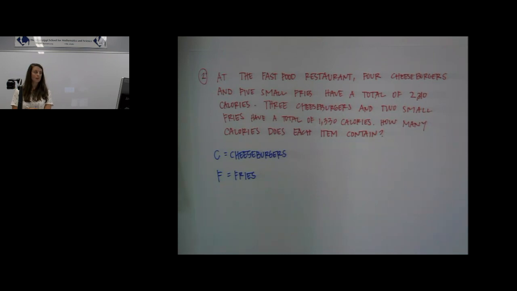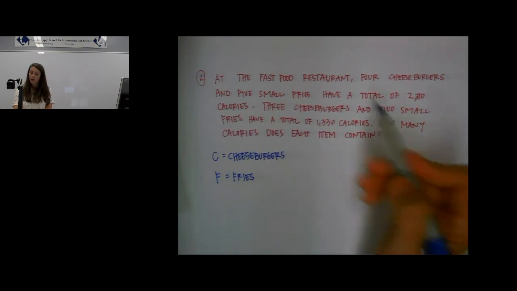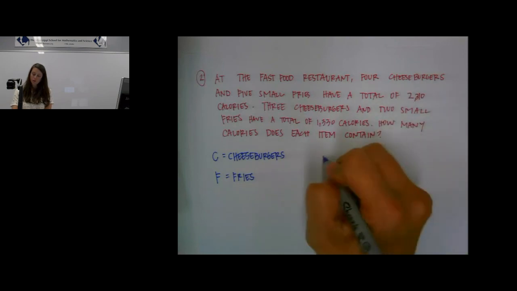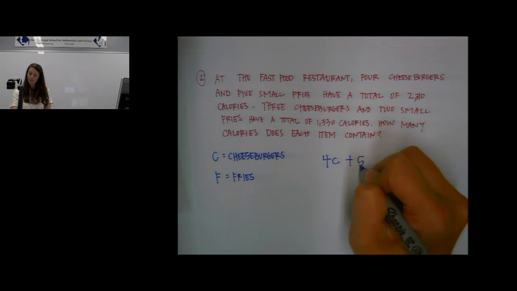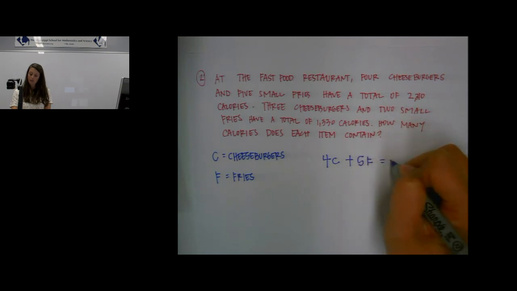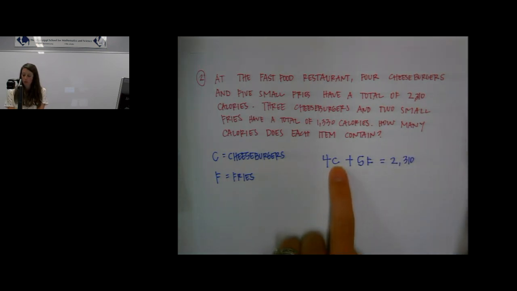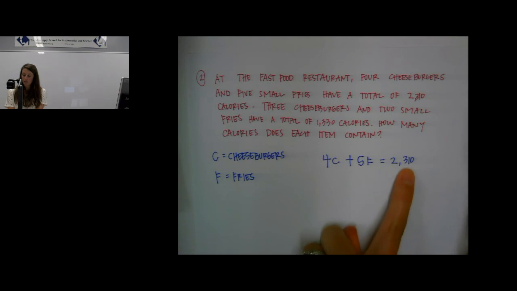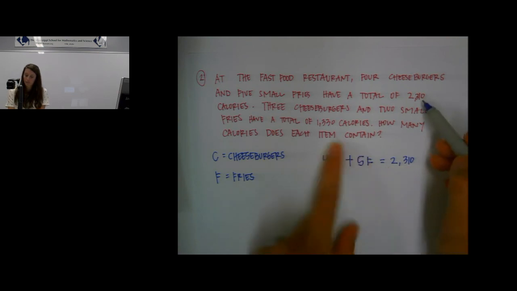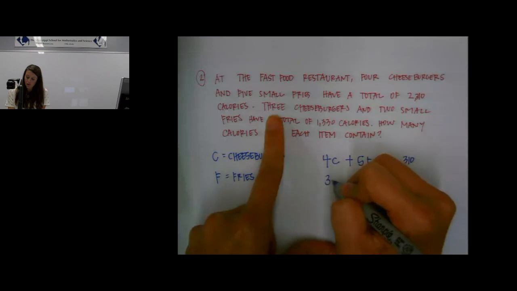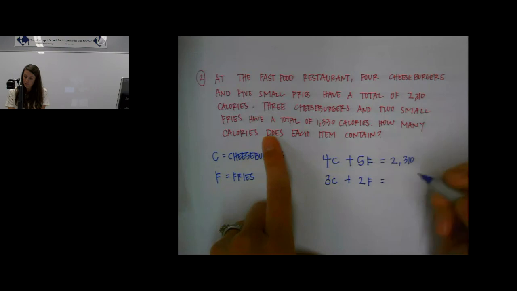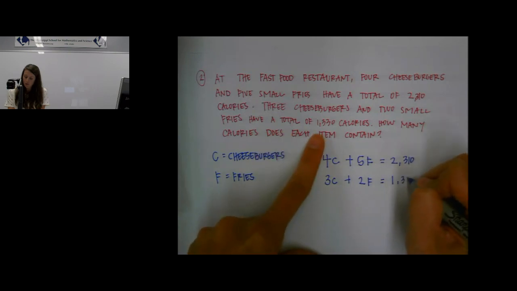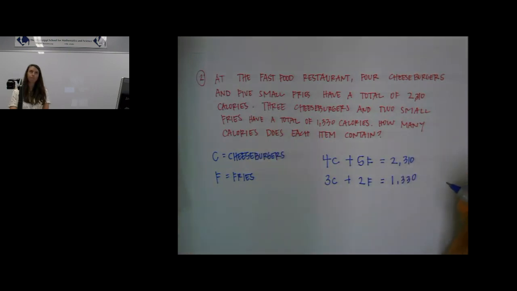You have 2 things. 4 cheeseburgers, so 4 times C, and 5 small fries have a total of 2,310 calories. So 4C plus 5F equals 2,310. Also, 3 cheeseburgers and 2 small fries have a total of 1,330 calories.